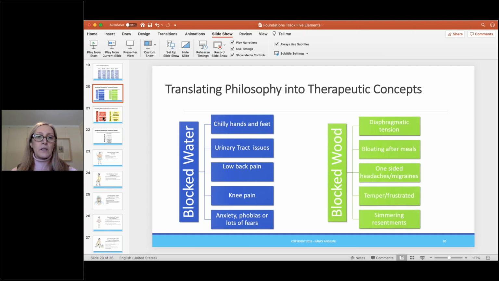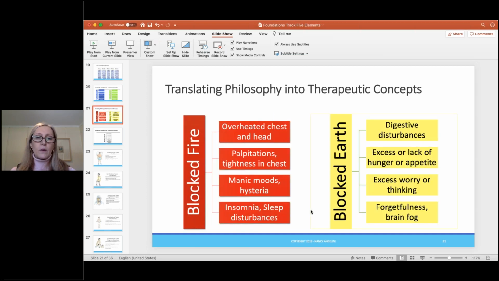Yeah, pretty intense. Okay, blocked fire: overheated chest and head, heat all the way up here all the time, right? Sometimes a red nose and broken capillaries in the nose. Palpitations, tightness in the chest.